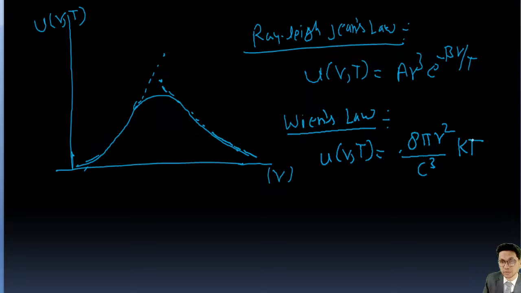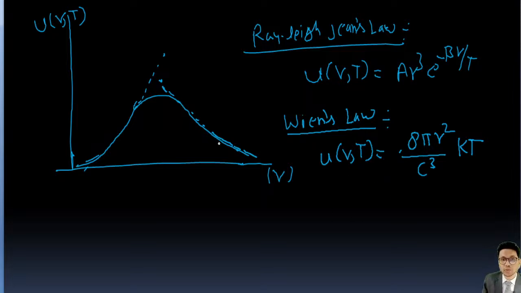This is the average energy kT. This is the law. I'm writing all the formulas, please note down those formulas. So these will help you to solve your questions in CSIR NET, GATE, and other exams.